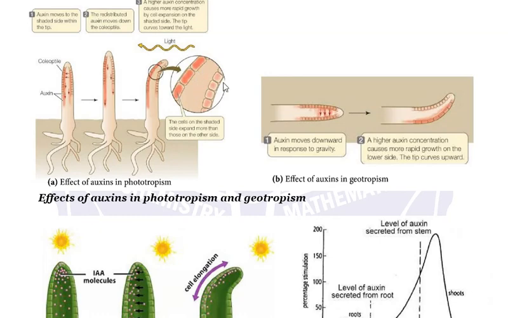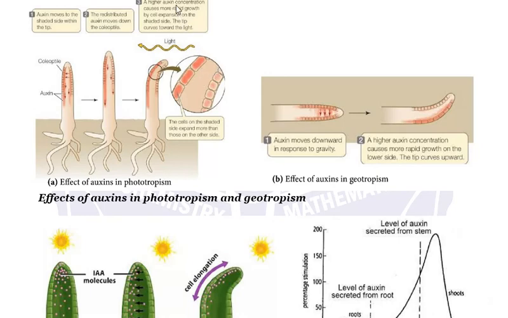And remember the direction of our illumination is from this direction. Because the cells on the shaded side have elongated more, that means auxin has a direct effect on phototropism. So if we don't have auxin, we don't have phototropism. Without auxin, phototropism cannot occur.